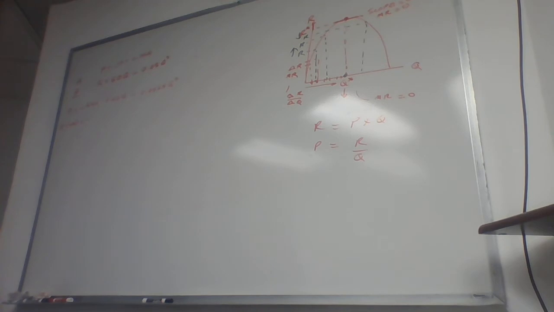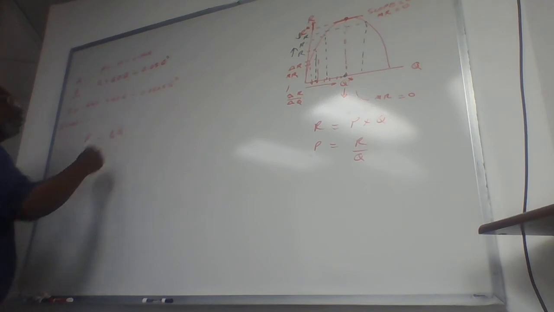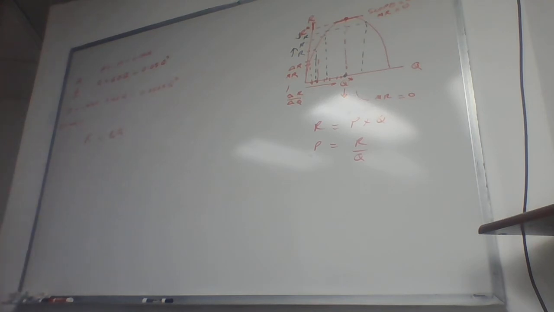So you define marginal revenue and set it equal to 0. What's your revenue? Revenue is 8Q minus 0.04Q squared. I thought that was 80. Why would you think it's 80? Because that's what it looked like, because of the line under it, I guess.